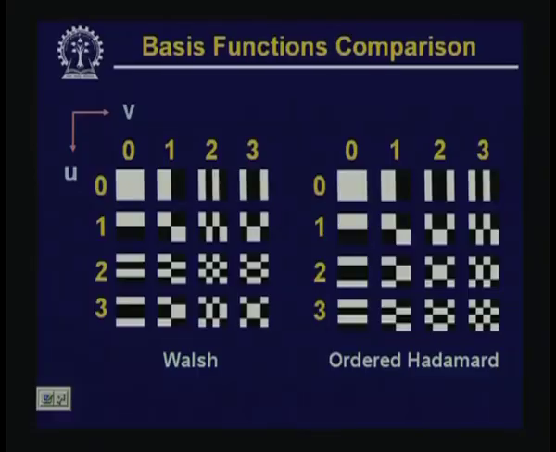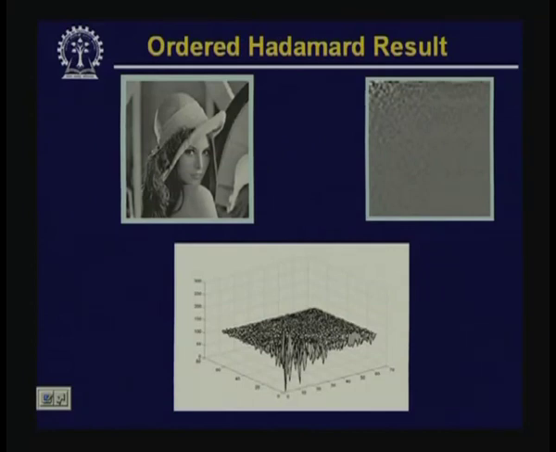So, this means one of the two. Now, using this ordered Hadamard transformation, the result on the same image that you get is something like this.